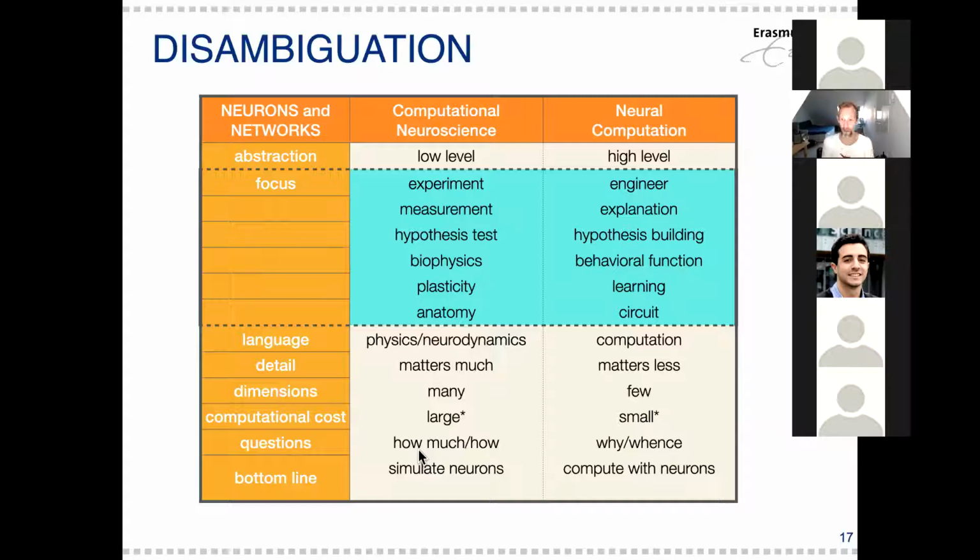What happens if you put a mammalian cell at 40 degrees, close to a fever? You change the dynamics of the brain. That is hypothesis testing. It relates to changing a certain parameter and seeing what happens at the other end, at the level of biology. So computational neuroscientists focus on biophysics. Neural computation focuses on biobehavioral function.